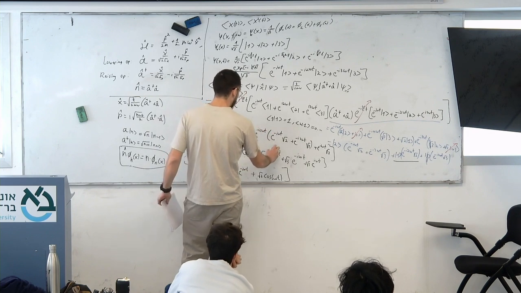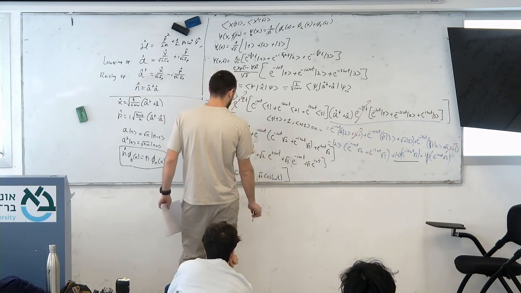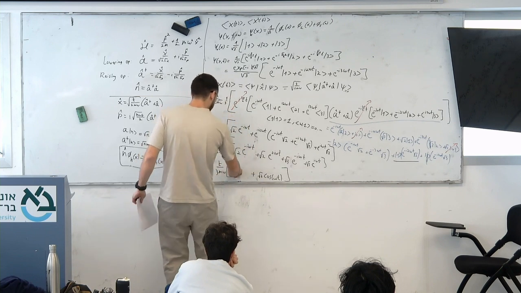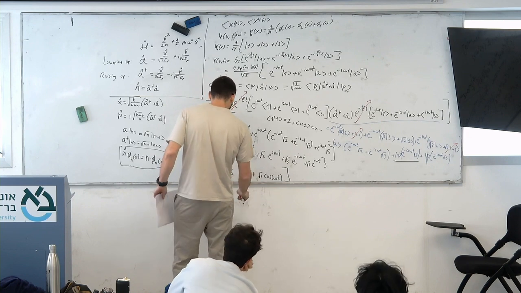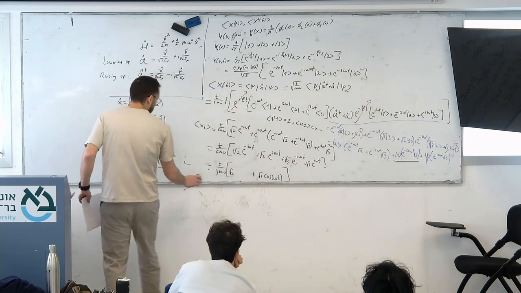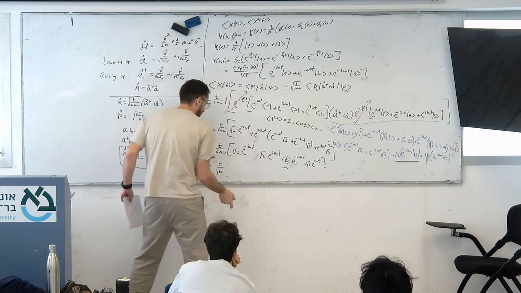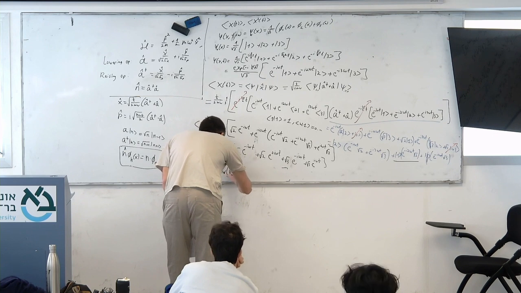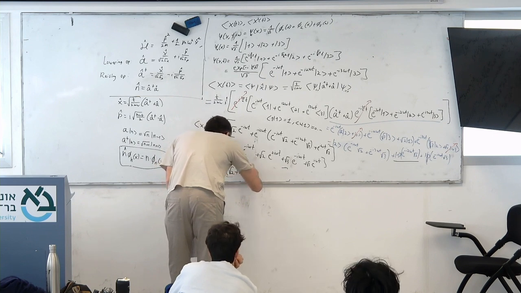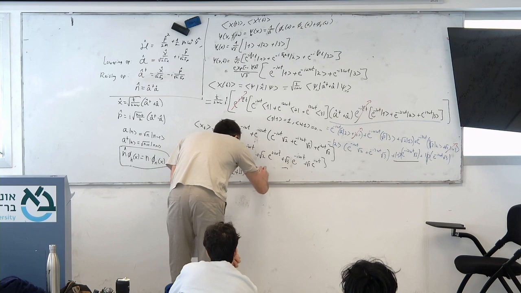Why is it here you get minus? It's a plus. Yeah. So now we have square root of 2 plus, so you can take the square root of 2 plus square root of 3 outside. Square root of 2 plus square root of 3 cosine omega t.